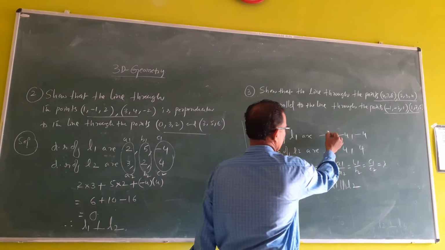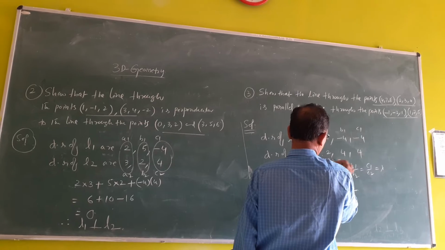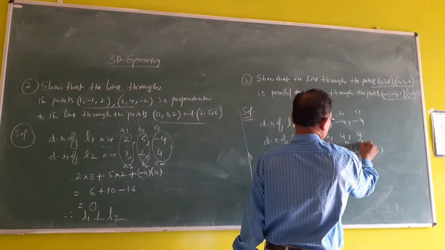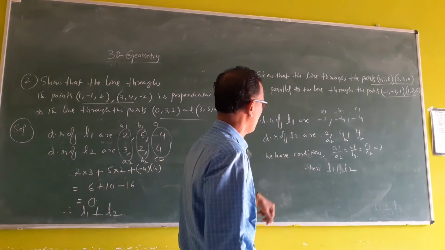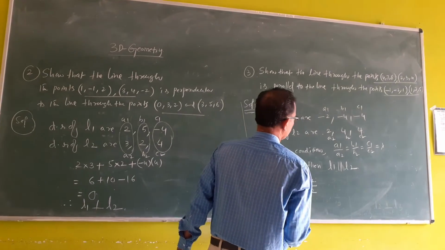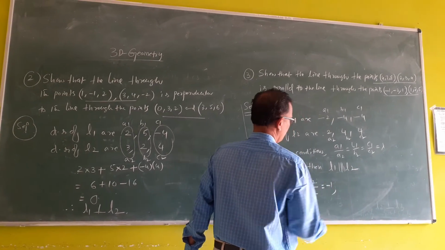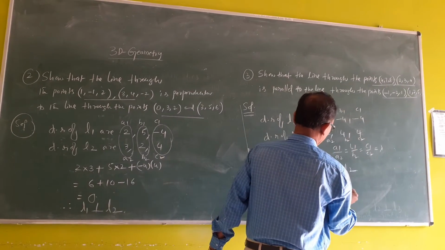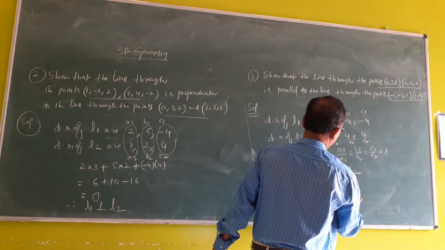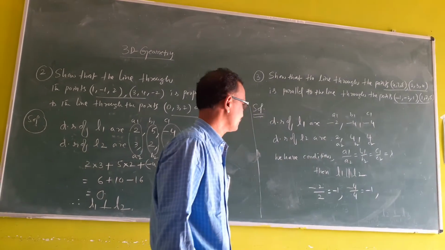Now find proportionality: minus 2 by 2 is minus 1, minus 4 by 4 is minus 1, and minus 4 by 4 is also minus 1.